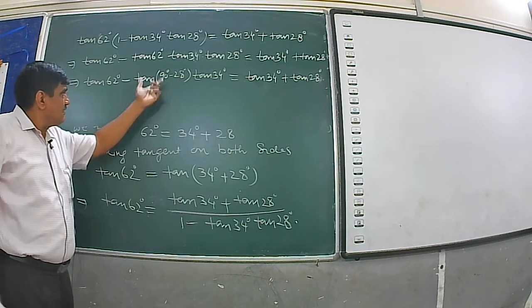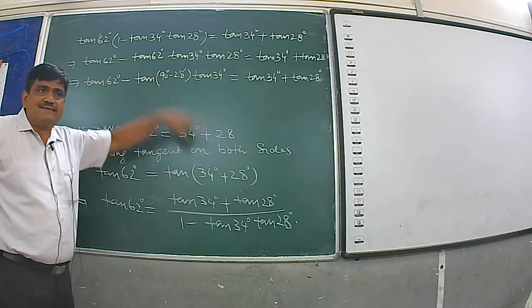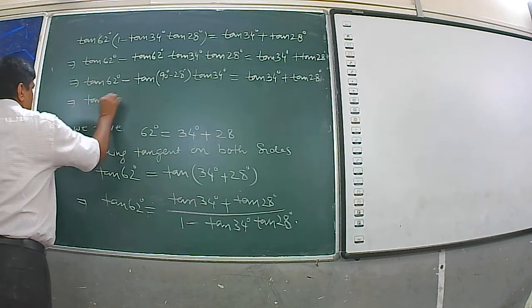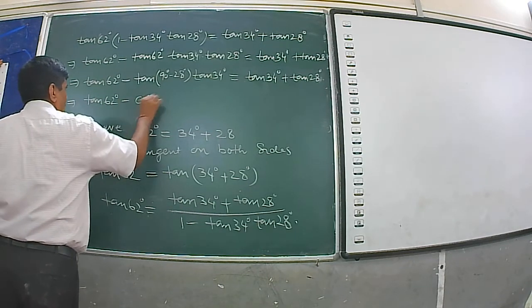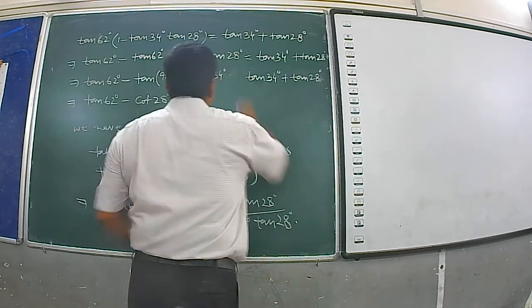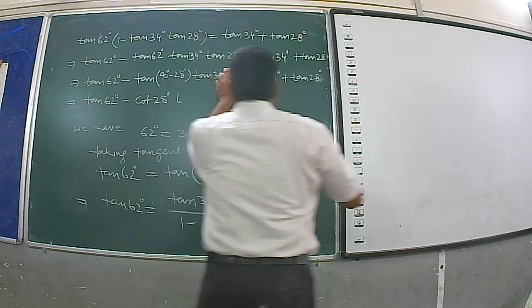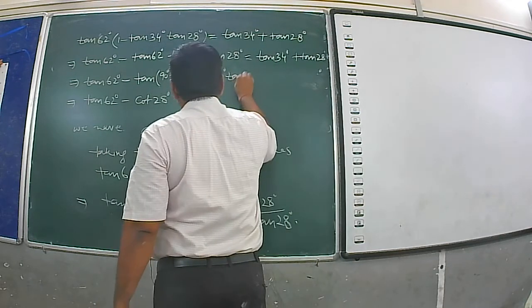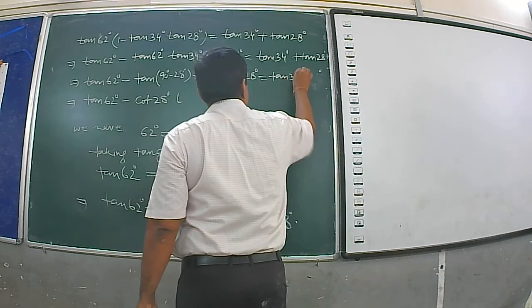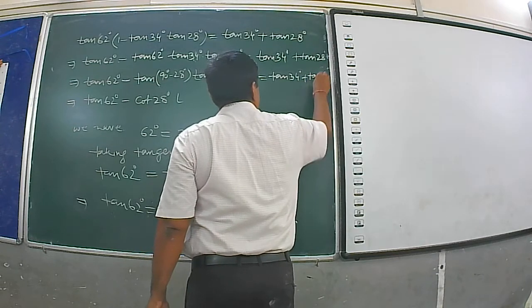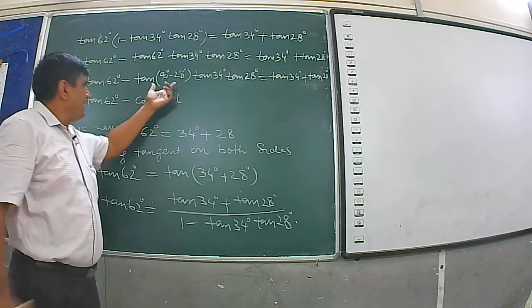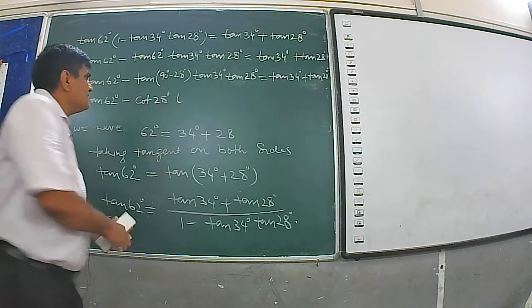Suppose this is the theta. Tan 90 minus theta is equal to cot theta.